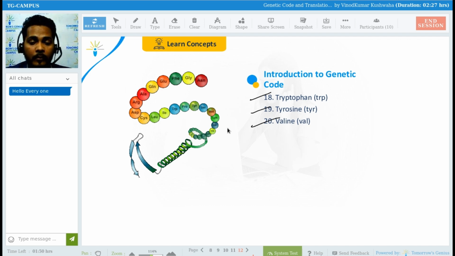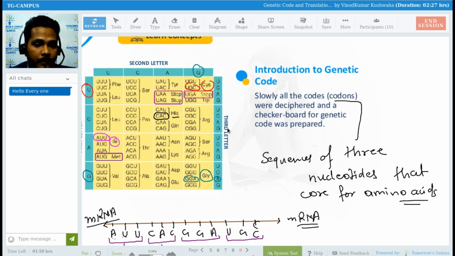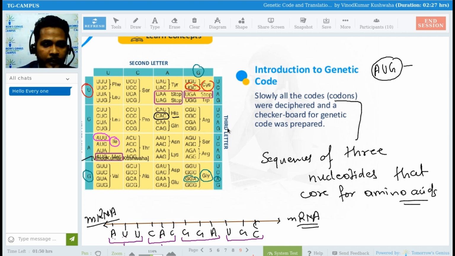Now, one of the important things we need to remember from this checkerboard of genetic code was three important things. One is AUG. You can see it is mentioned over here, right? AUG.